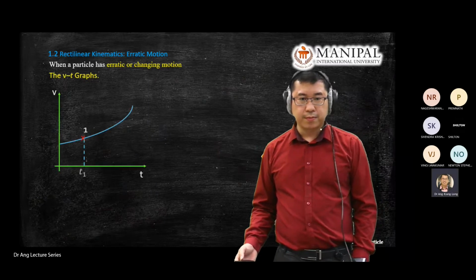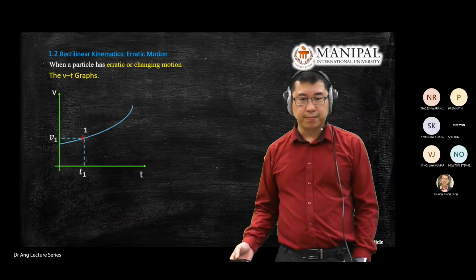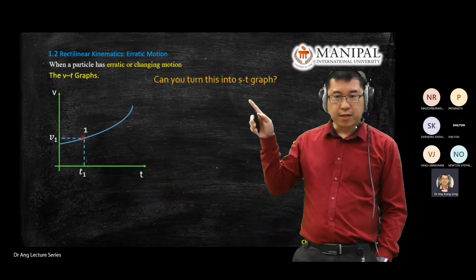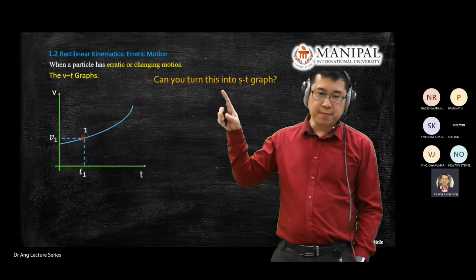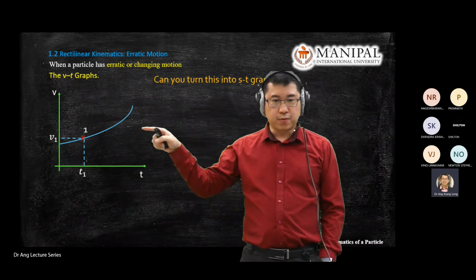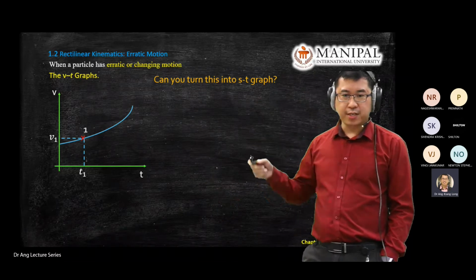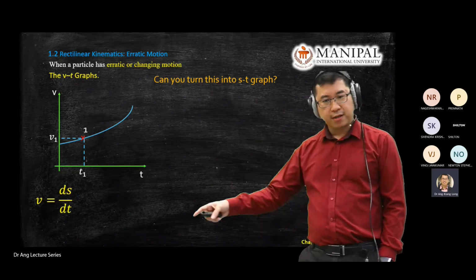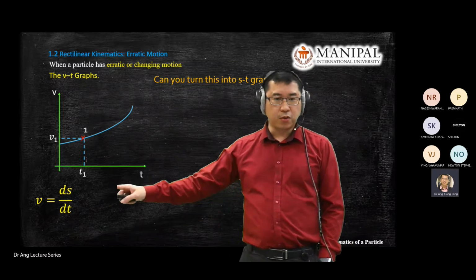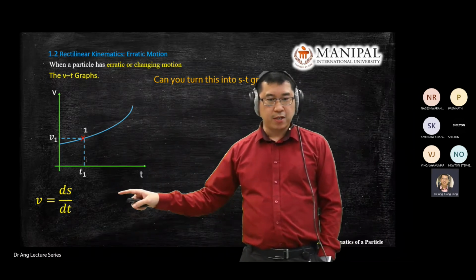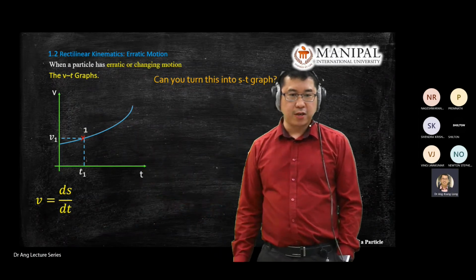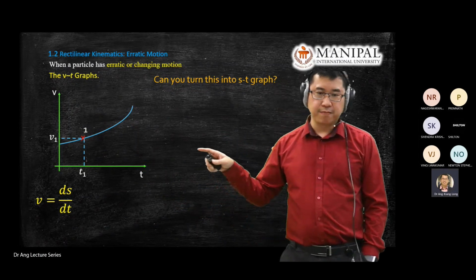So repeat the same concept. Again, ask yourself, are you able to use a similar concept to what you learned in the previous slides to change this one into an ST graph? Again, you start with the definition of velocity. Velocity equals ds over dt, or the slope at that point on the ST graph.